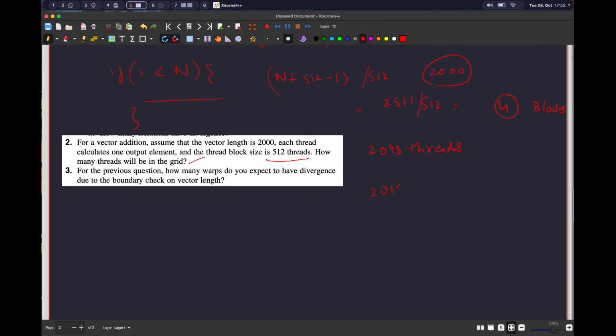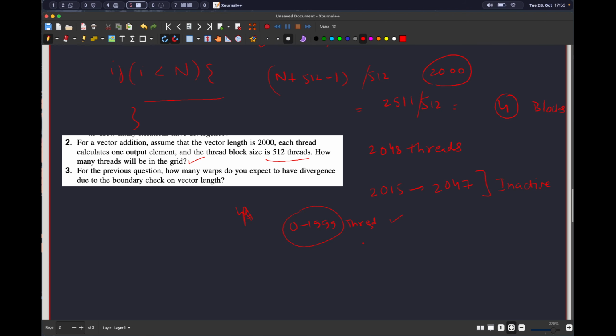The threads with IDs from 2000 to 2047 will be inactive, right? And threads 0 to 1999 will be doing some work, and after that they will not work. So all of the warps which have a thread ID before 1999 will be active.